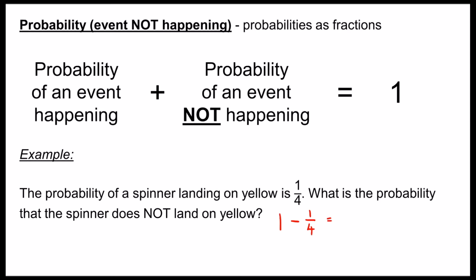In other words, if we have 1 out of 4, how many more do we need to get 4 out of 4, which is 1 in total? That therefore means the answer is 3/4. So the probability of my spinner not landing on yellow is 3 out of 4 or 3/4.